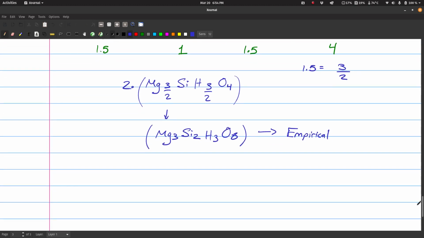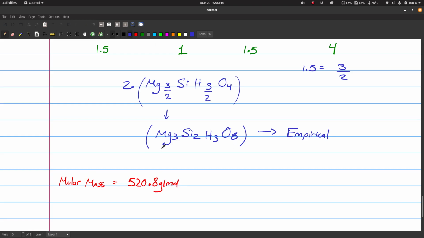Alright, we're not done. If you remember, we had a molar mass. So we found the first part, we found the empirical formula, but we had a molar mass of 520.8 grams per mole. That's what the compound actually weighs. Let's see what this one is.